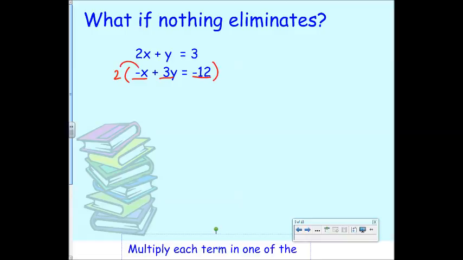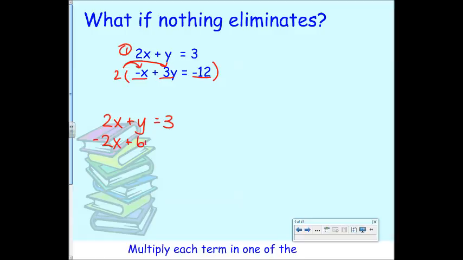And it doesn't change anything except that now I can eliminate my x's because I'm going to rewrite equation number 1, 2x plus y equals 3. And I'm going to write equation number 2, except I'm going to distribute that. So what do I get when I distribute that? Negative 2x plus 6y equals negative 24.